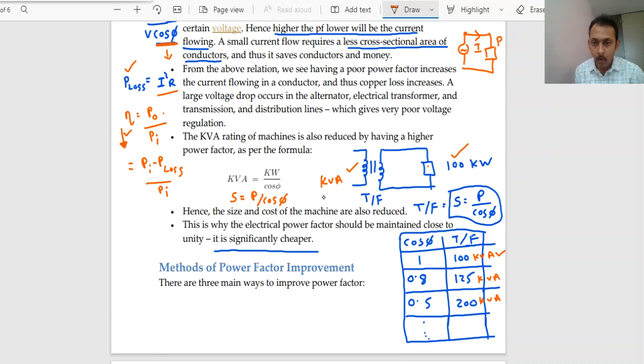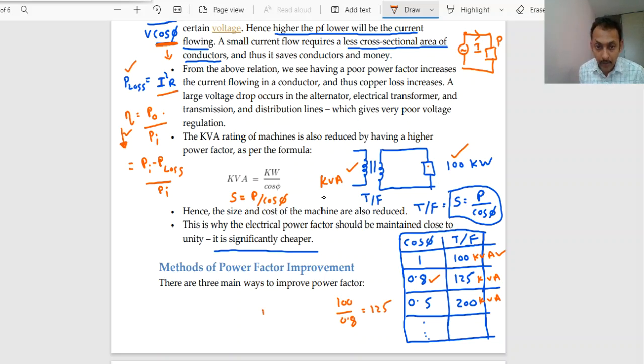Now if the power factor is only 0.8, then the transformer size must be 100 divided by 0.8, which will be 125. A 125 kVA transformer is required.